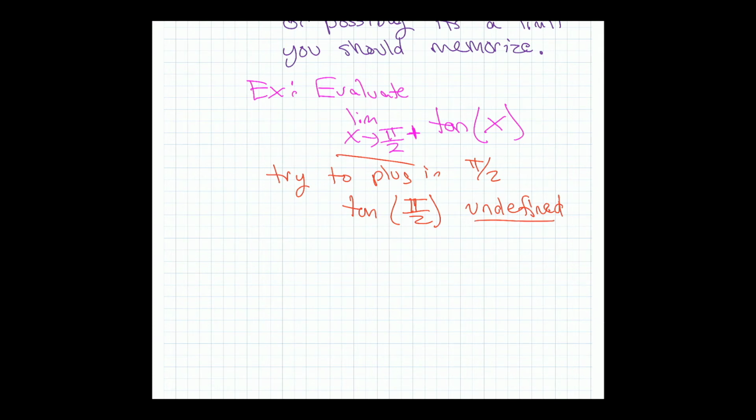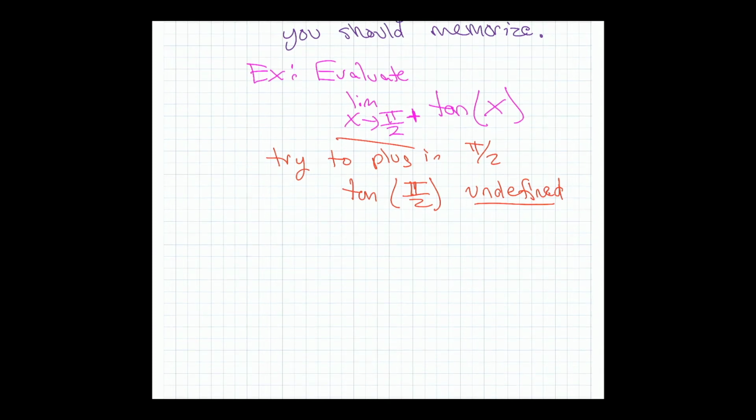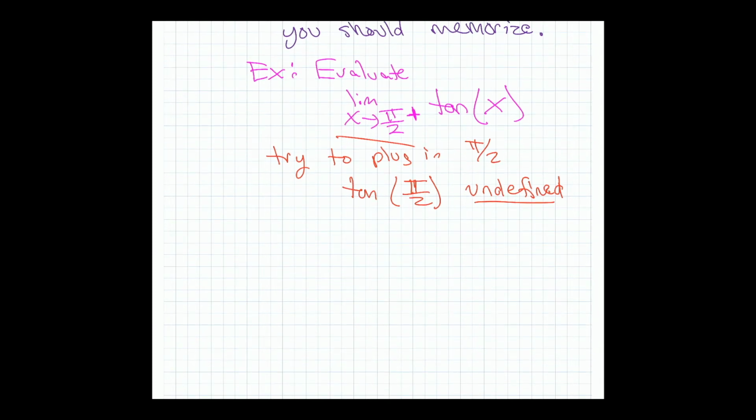Undefined. Now that does not mean that the limit doesn't exist, because this is a one-sided limit, and so it might be infinity or something. Okay, so what we do need is a value close to pi over 2 on the left or the right to see if it's plus or minus infinity. But the limit may be plus infinity or minus infinity.